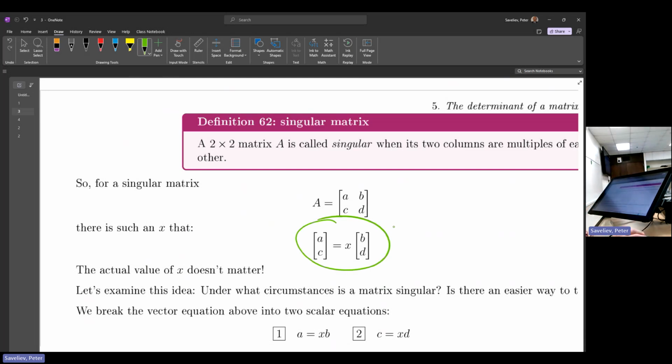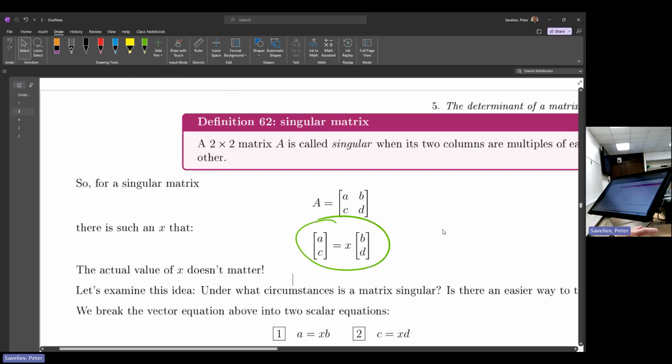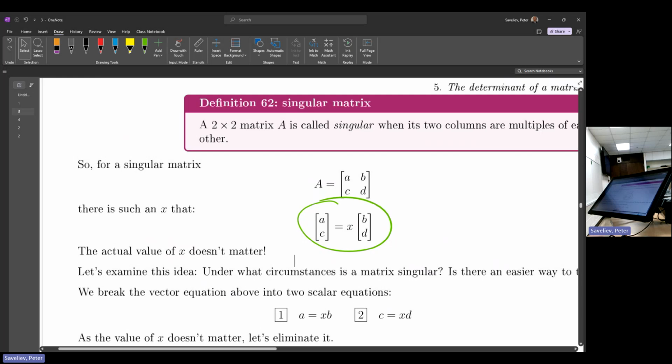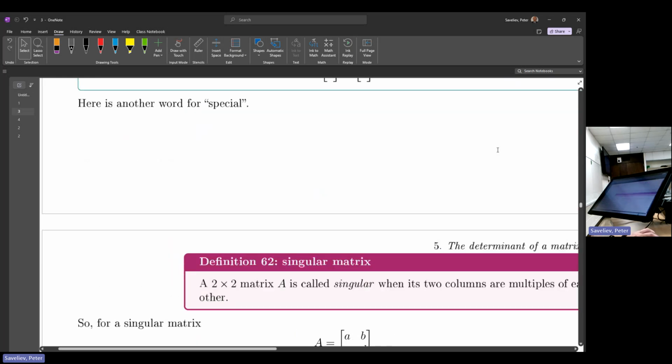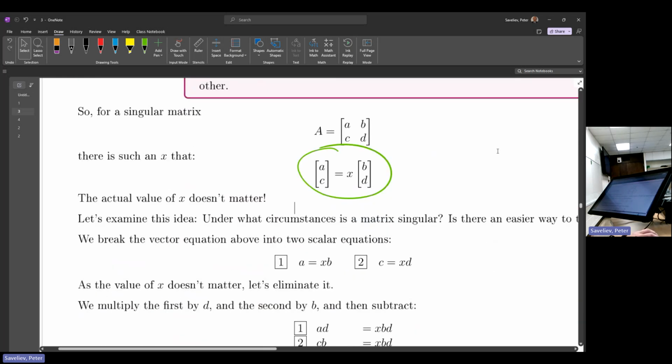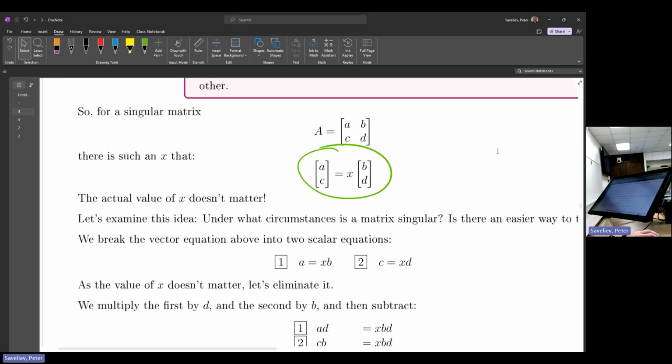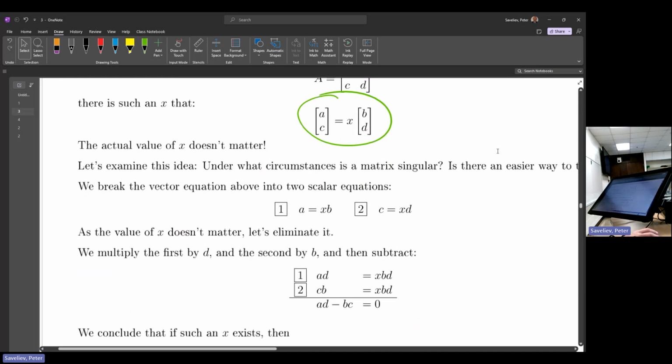It's really uncomplicated, because then A is the same multiple of B as C is a multiple of D. So that's what it says. First of all, A is equal to XB, and secondly, C is XD.